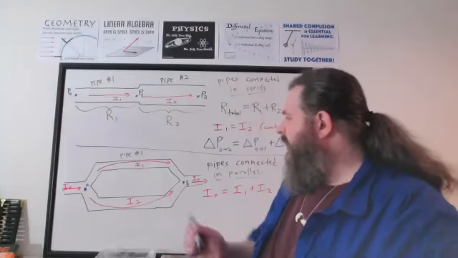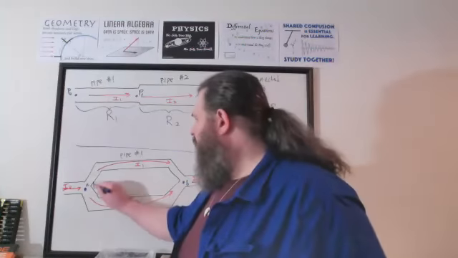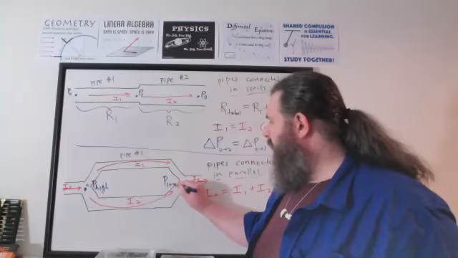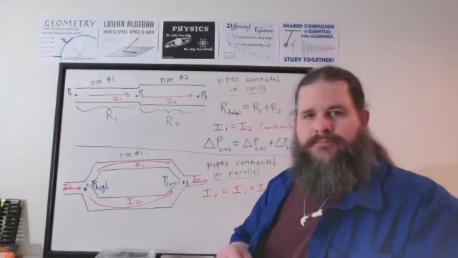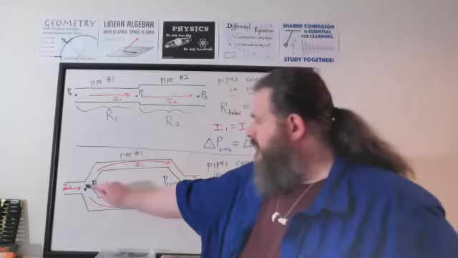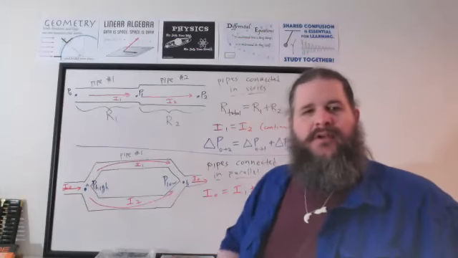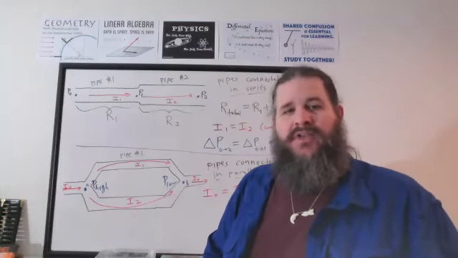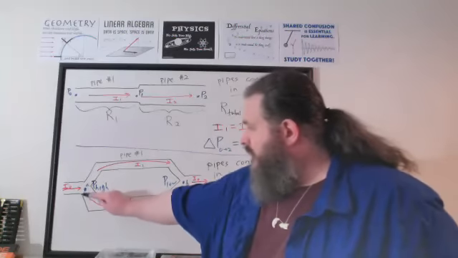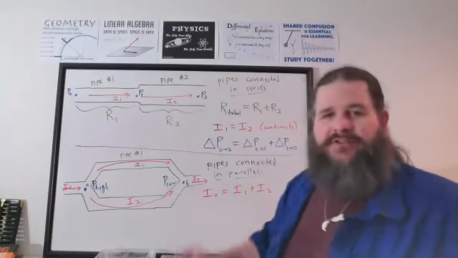Yeah, we can expect pressure A to be higher. So we've got high pressure on the left side and low pressure on the right side. If you go through pipe number 1, you start at this high pressure and you end at this low pressure. So you've got a certain delta pressure associated with that. If you go through pipe number 2, you start at this high pressure and you end at this low pressure.